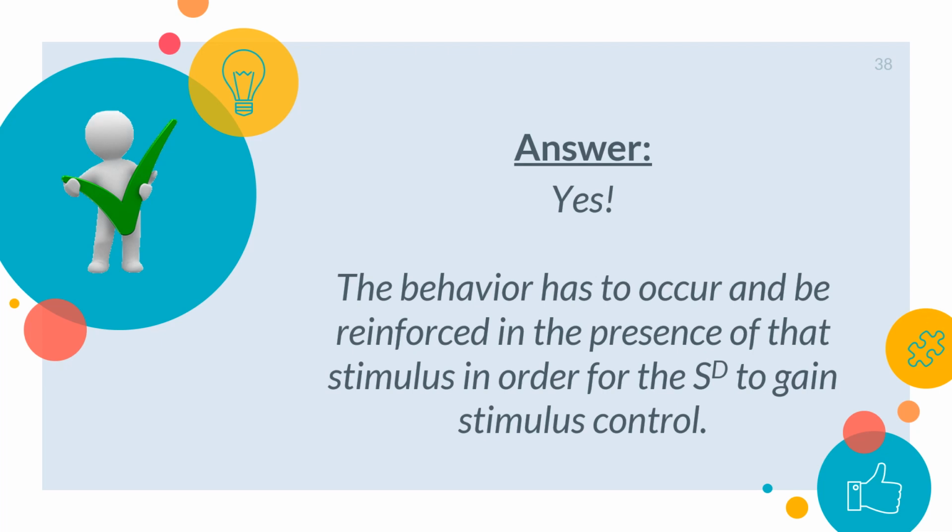Yes, the behavior has to occur and be reinforced in the presence of that stimulus in order for the SD to gain stimulus control. On your homework sheet, fill in yes.